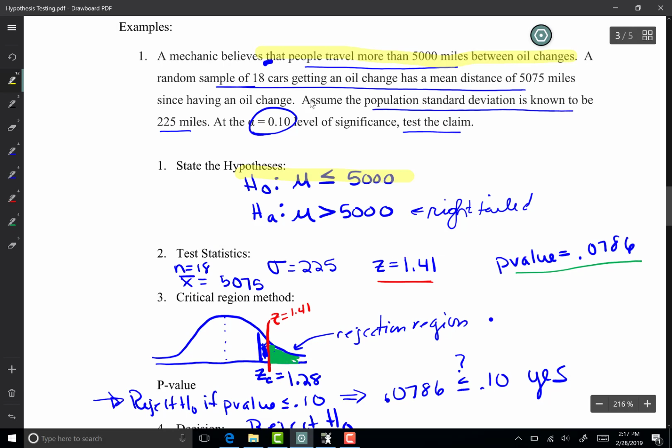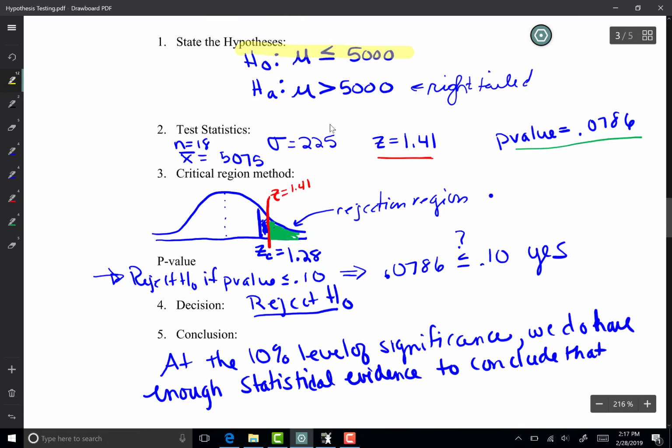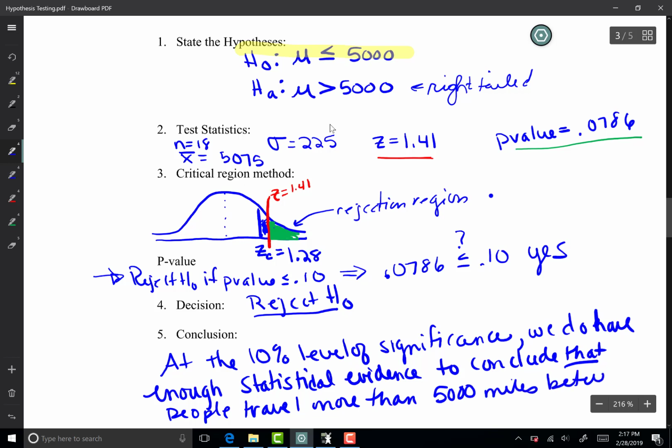Looking for that word that helps us here: people travel more than 5,000 miles between oil changes. All right, we'll do another example here too.